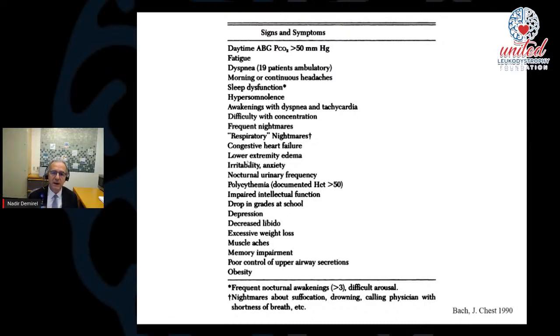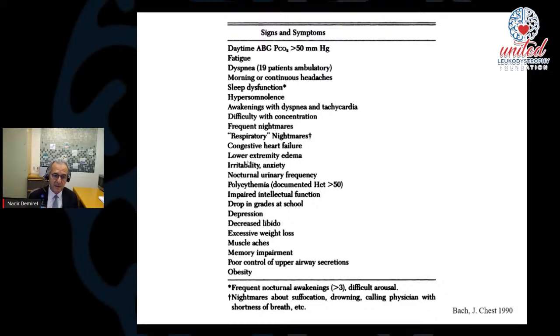Awakenings with dyspnea during sleep, difficulty concentrating, decreased intellectual capacity, having a hard time at school, irritability and anxiety, even some mood problems. Depression, again, is related to a high carbon dioxide level.